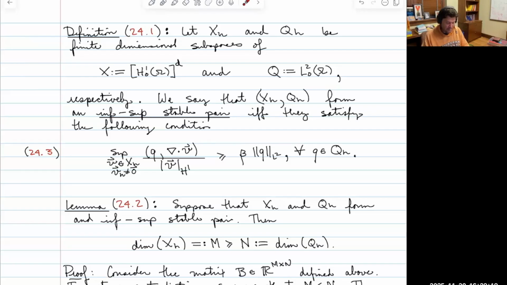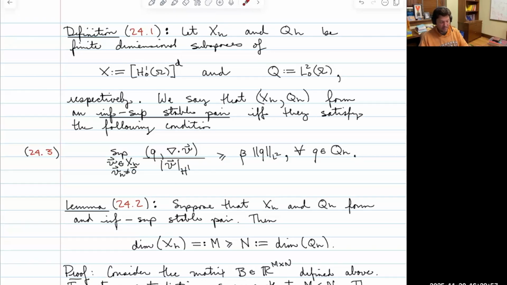However, if we cook up arbitrary finite dimensional subspaces of our velocity space and pressure space, they may or may not satisfy an Inf-Sup condition. So it's a very special pair that we choose which will satisfy it. You can't simply pick these two things arbitrarily. You have to pick them so that they respect each other in terms of their sizes and their approximation power.